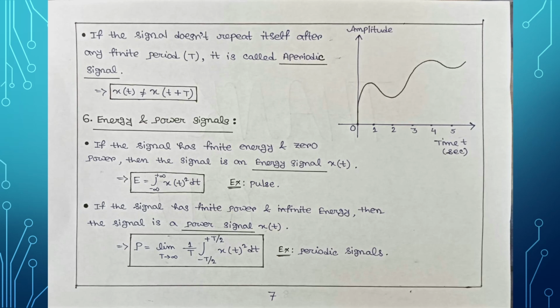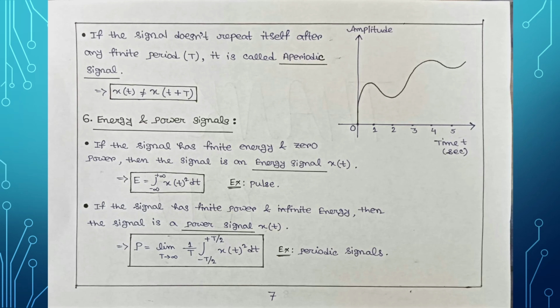Then I will talk about the last classification, which is energy and power signals. If the signal has finite energy and zero power, then the signal is an energy signal, which is denoted by x of t.